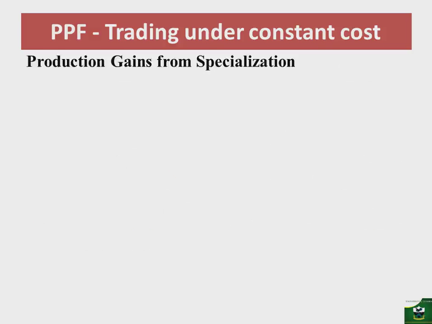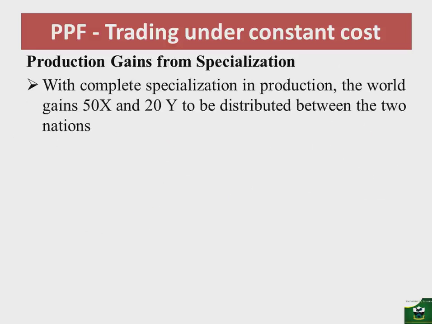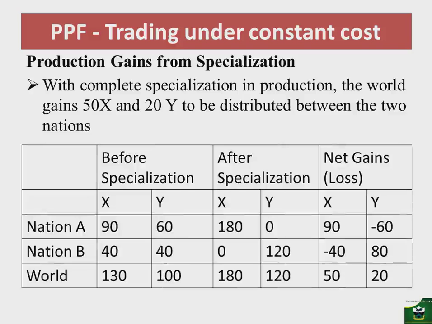Let's measure the production gains from specialization. So with complete specialization in production, the world gains 50 units of X and 20 units of Y to be substituted between the two nations. Now, how are these gains measured? So consider this tabular illustration.